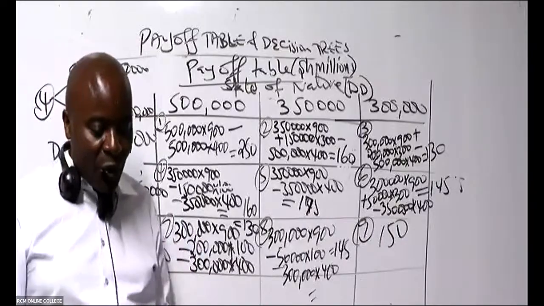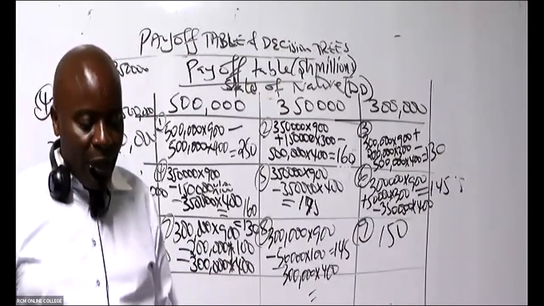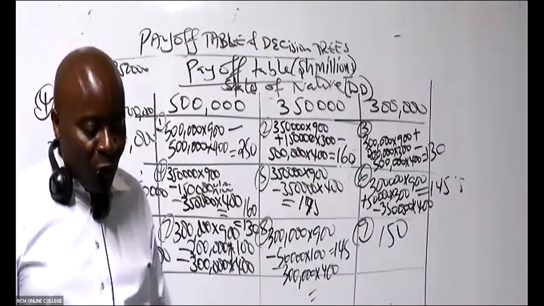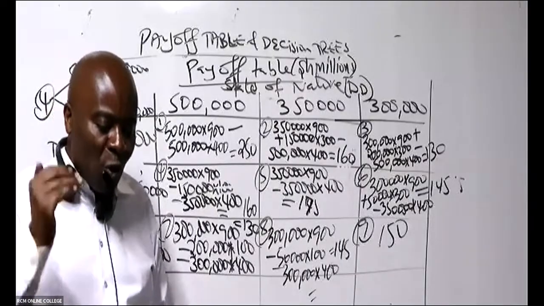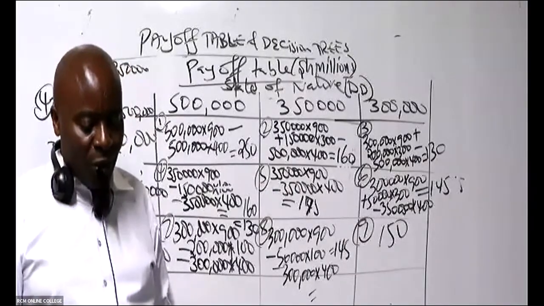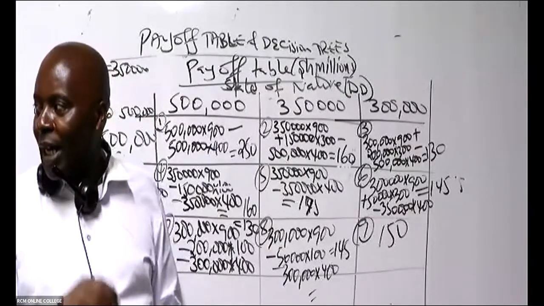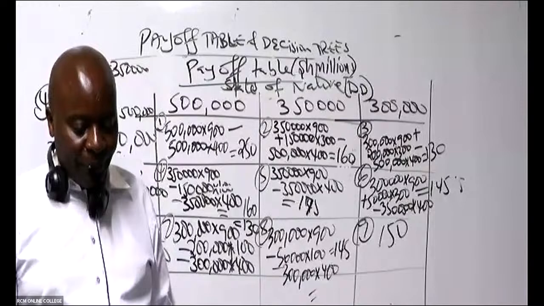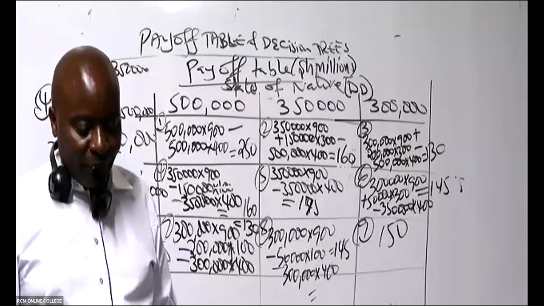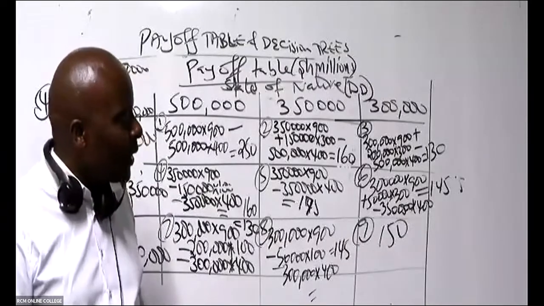Let's look at number 6, but first let them finish everything, Milton. Number 6, they say is 165.